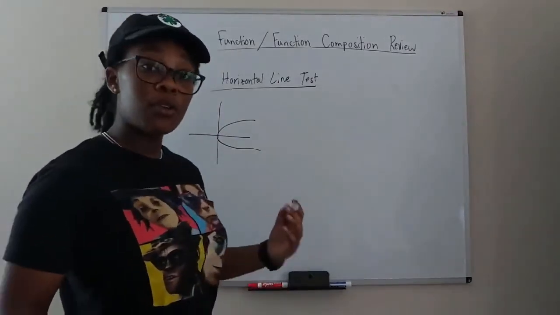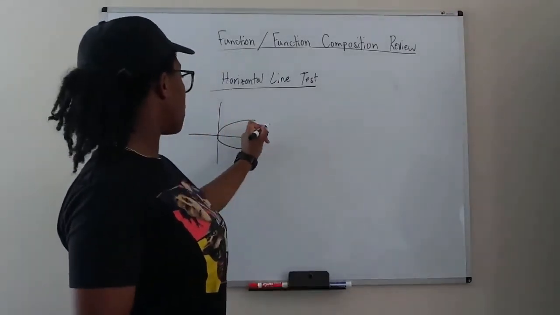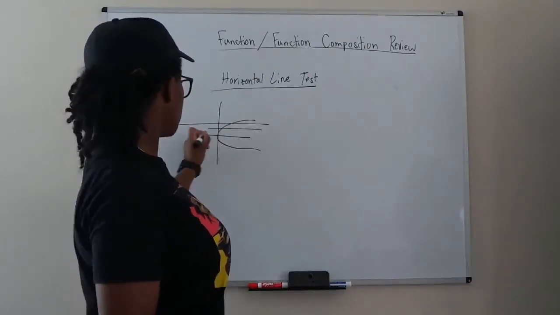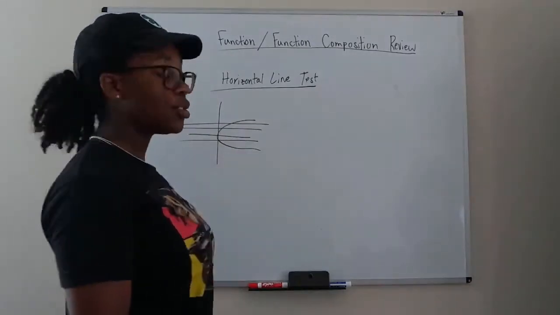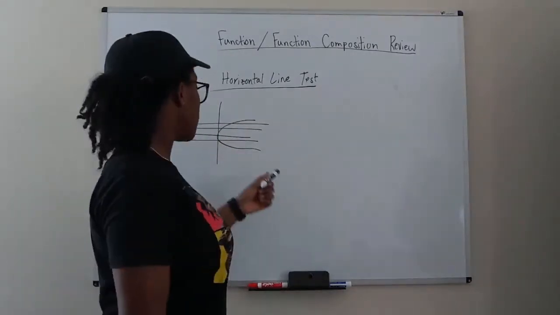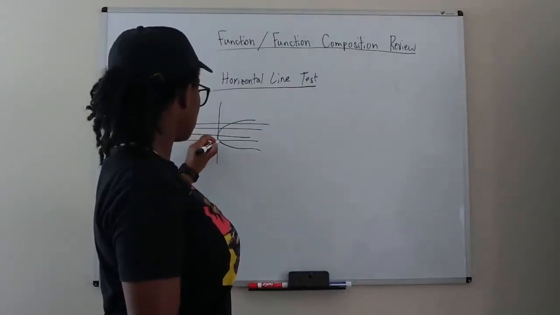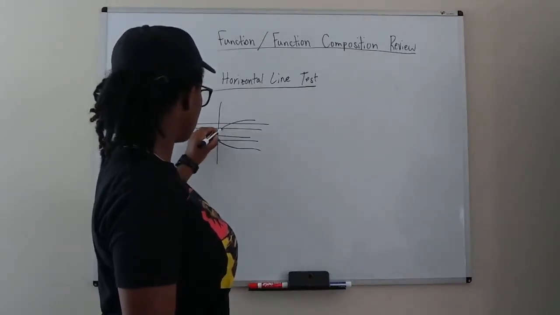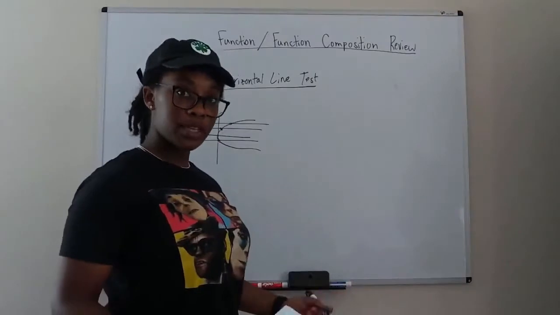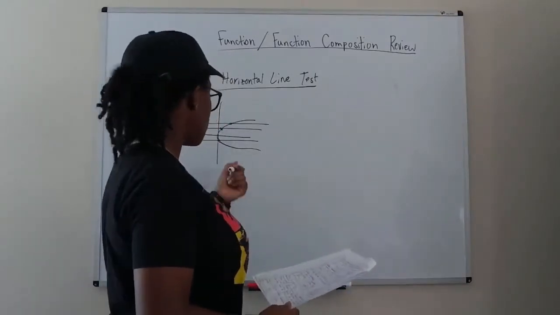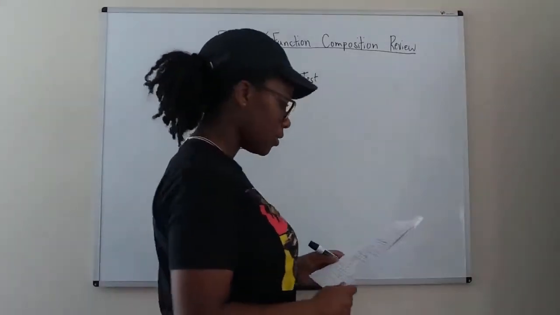So similar to the vertical line test, the horizontal line test works by, if you draw a horizontal line through a function, it should only touch the function in one place. So that works out here, here, here. Looks like this function's inverse would be a function as well.